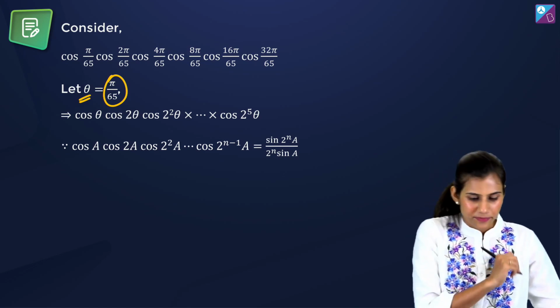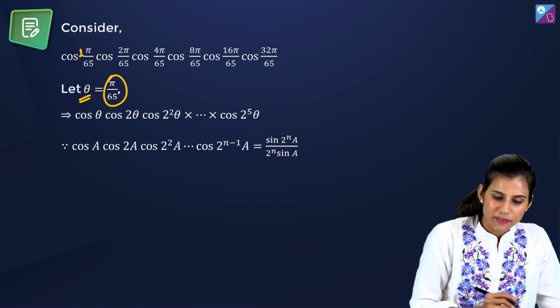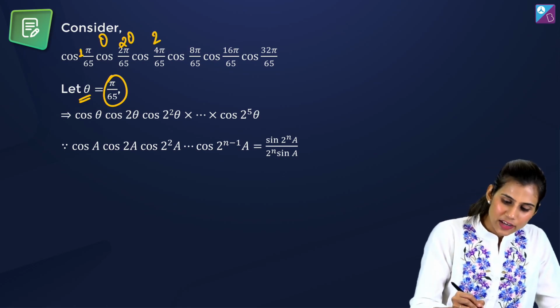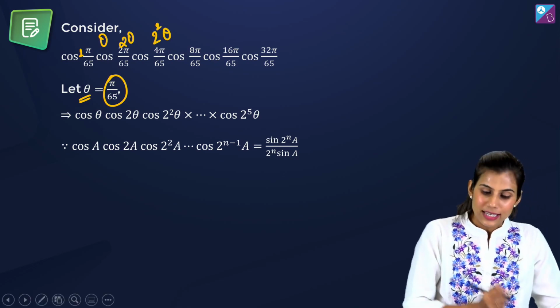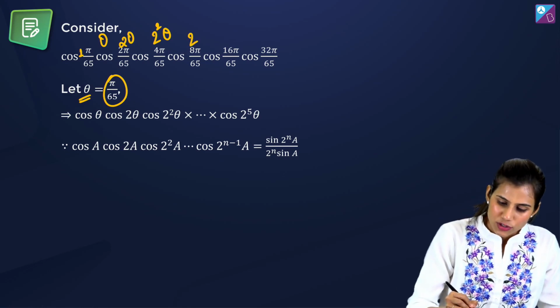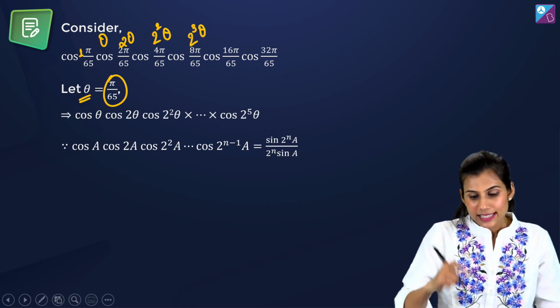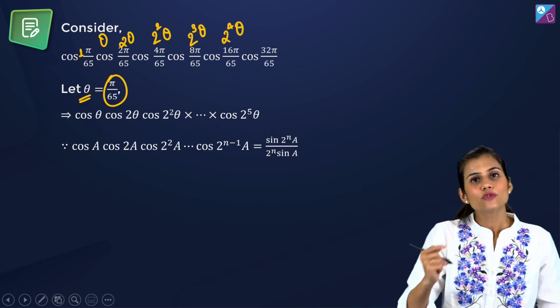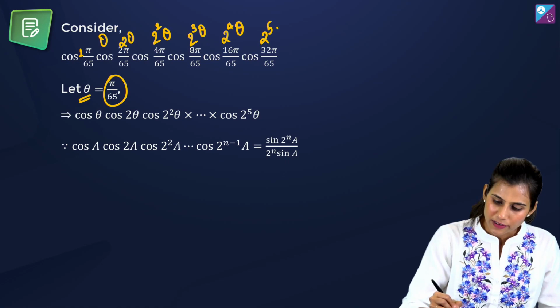Do you agree? This is 1 times pi by 65, so this completely is theta. Then 2 times pi by 65, 2 theta. 4 times pi by 65 means 2 square times theta. 8 times pi by 65 means 2 cube times theta. 16 times pi by 65 means 2 to the power 4 times theta. And 32 pi by 65 means 2 to the power 5 times theta.